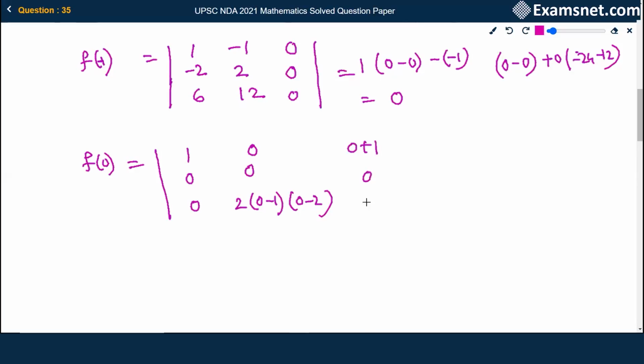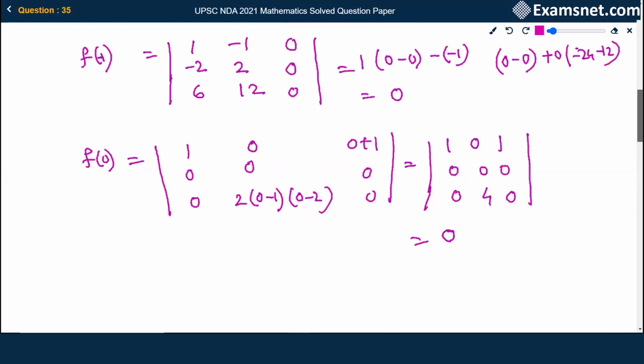So will give us 0 and 0. That means it becomes 1, 0, 1, 0, 0, 0, 0, 4, 0. Look here, again we are getting one particular row, all the elements 0. So without wasting our time by expanding the determinant, we can easily say this will give us the value 0, as we have seen here.